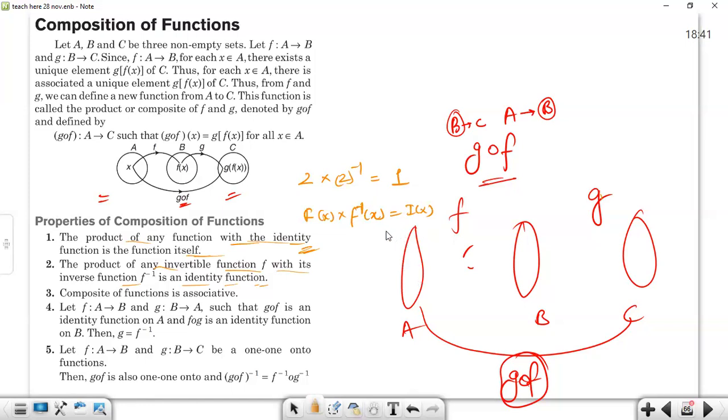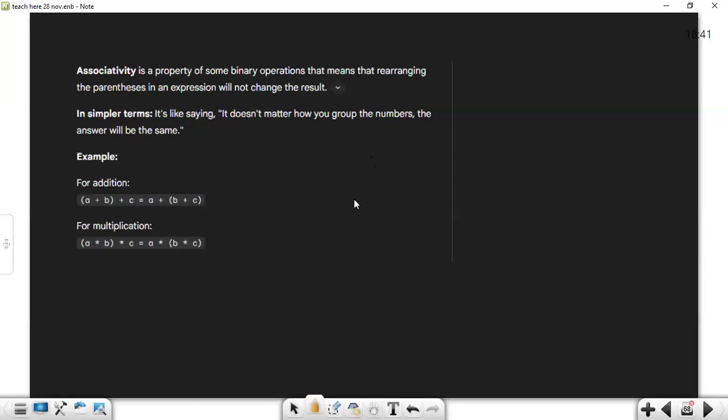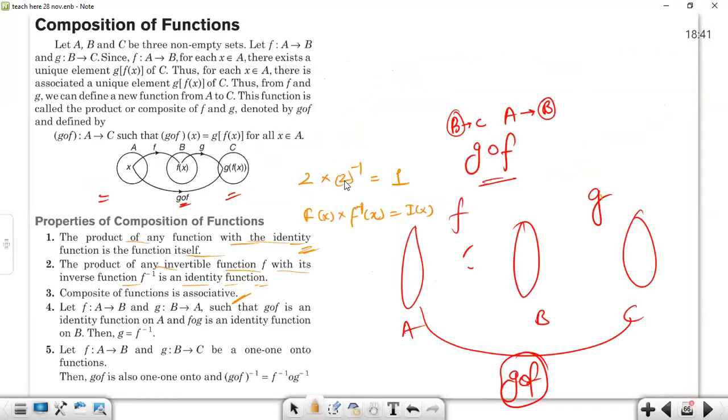Yes, sir. Composite of functions is associative. I've just described that here, where I was saying that writing h of g of x is similar to h of g of f of x. This is associativity.